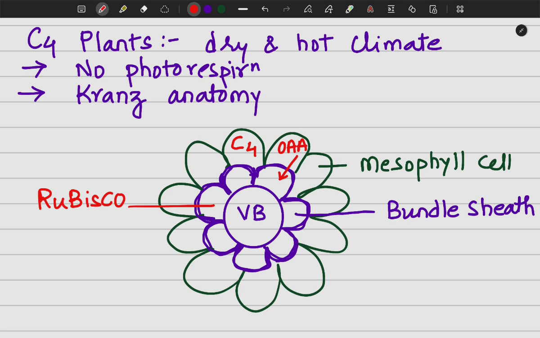And once that carbon dioxide is released, it enters the C3 cycle inside the bundle sheath, and Rubisco is already present there. So the concentration of carbon dioxide is more, Rubisco will show carboxylase activity, and the C3 cycle will occur, resulting in the formation of carbohydrate or sugar.